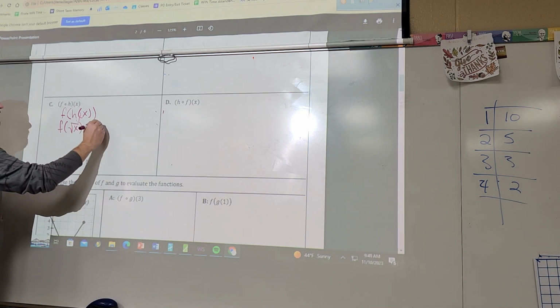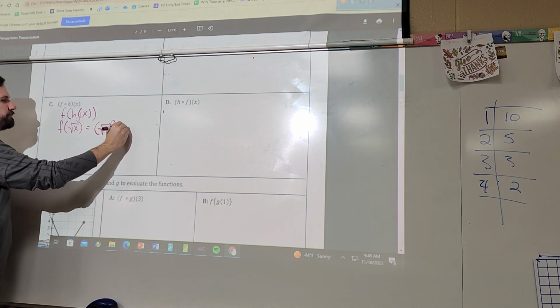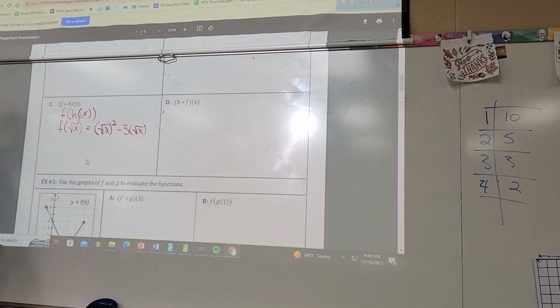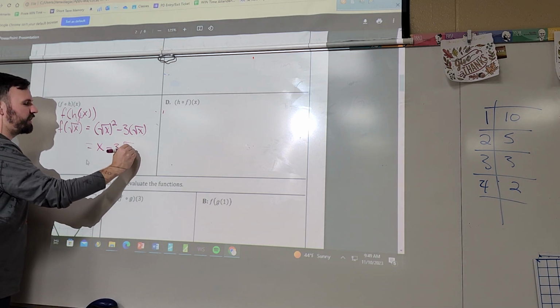So now I'm going to plug in square root of x squared minus 3 times square root of x. Is that kind of making sense? Or at least that part, like how I'm plugging stuff? I got great news on this one. What's square root of x squared? x. And this is just x minus 3 root x.